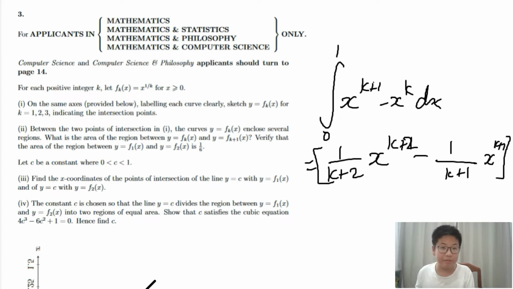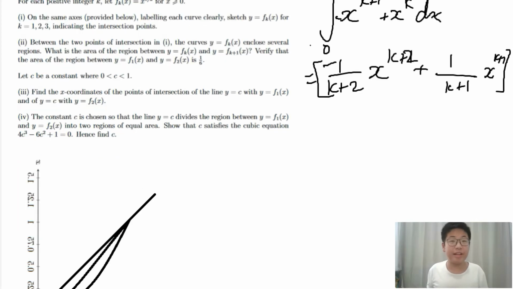Oh, I must have forgotten, it's supposed to be minus here and plus here, since the graph of x^(k+1) is a bit flatter than x^k. So we do this, and then we substitute 1 at the top and 0 at the bottom, by notation.